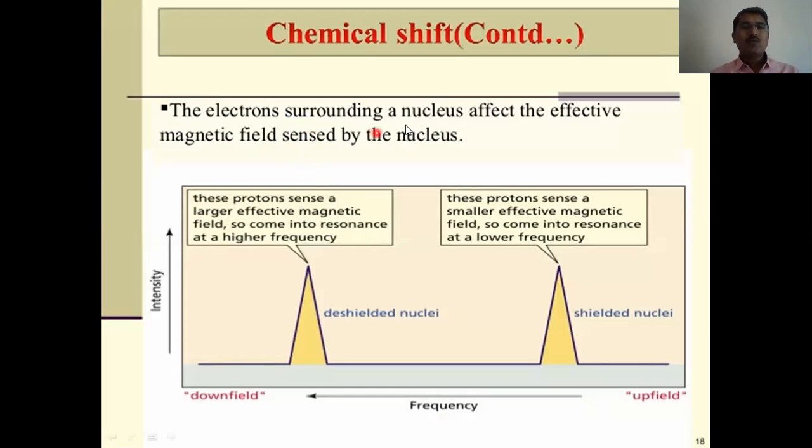The electrons surrounding a nucleus affect the effective magnetic field sensed by the nucleus. You can see this diagram. This is the downfield region on the left side, here the right side is the upfield region, shielded nuclei, here deshielded nuclei. The deshielded nuclei value is more than the shielded nucleus.